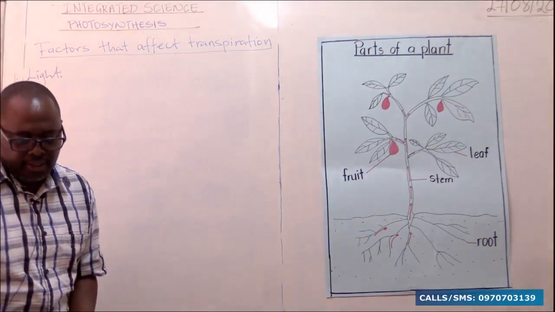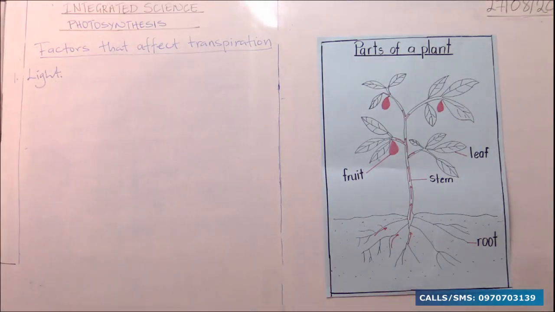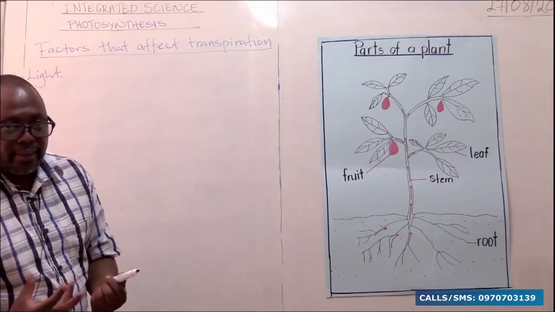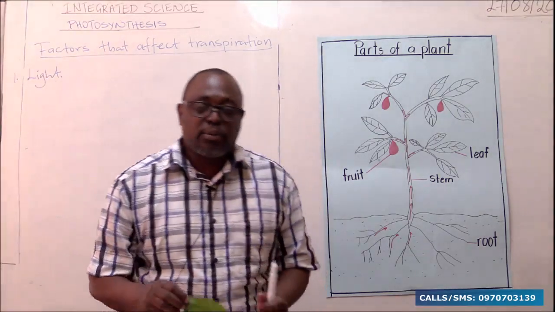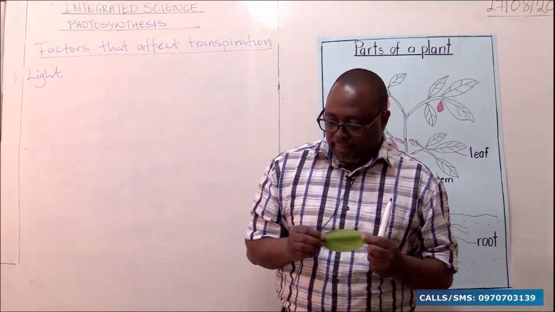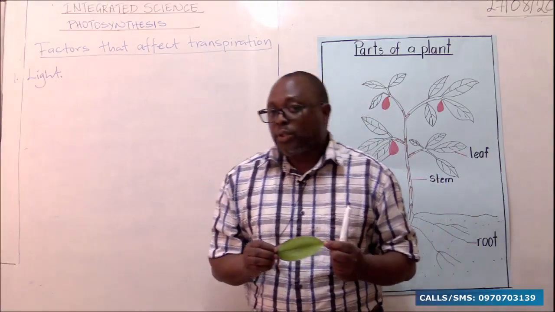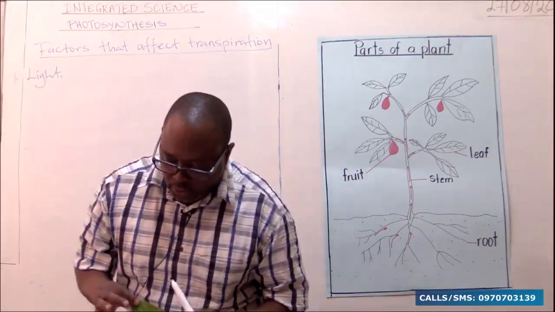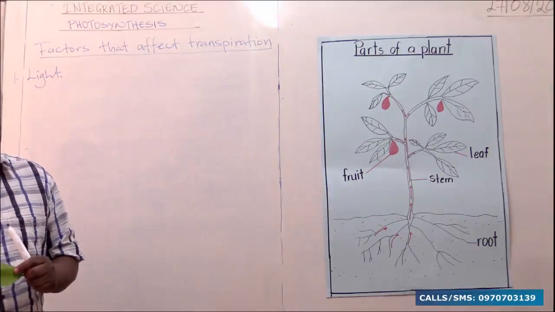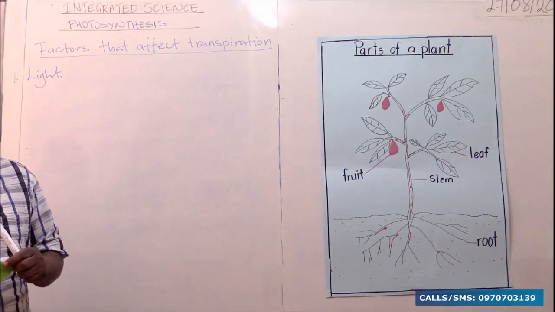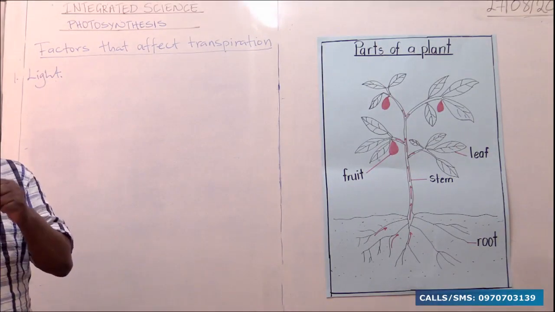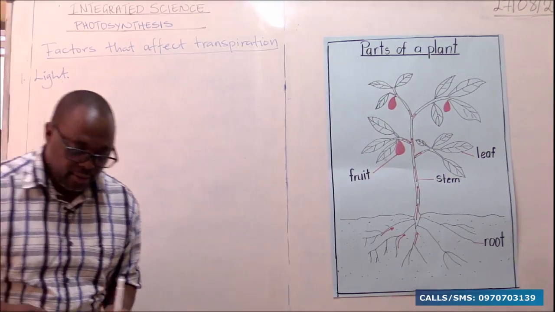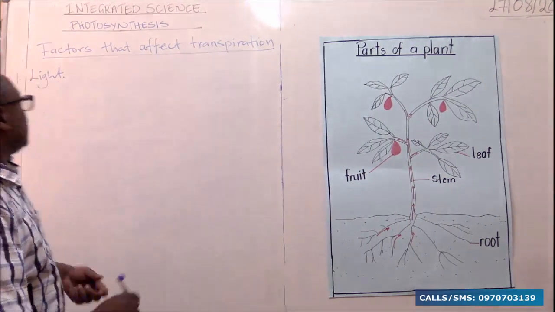The main reason for this is that light stimulates the stomata to open in the leaves, the small openings. So the light will stimulate the stomata to open more, so that the leaves release more water.